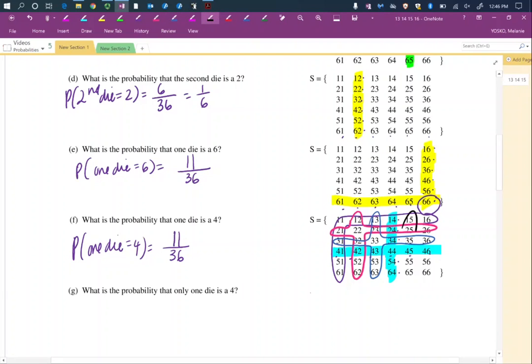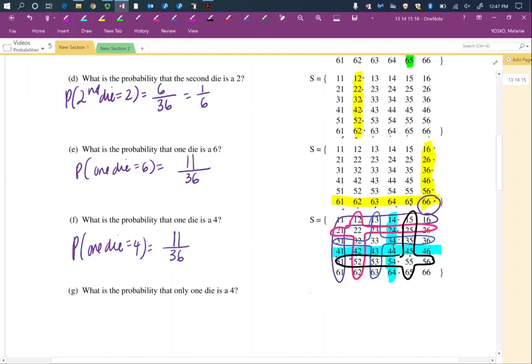If one die is a 5, it's going to be those. And we already see one die is a 6 above. So it kind of makes this plus sign. So it's going to be 11 every time. Because the first die, whatever number you're looking at, has 6 choices. The second die would also have 6 choices, but one of the choices is the same. So you'd have 12 normally, but you're counting this one twice, so you'd have 11.